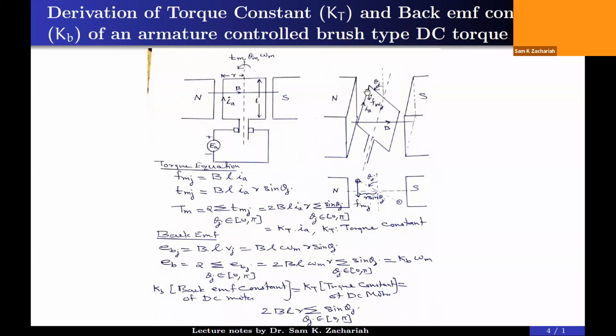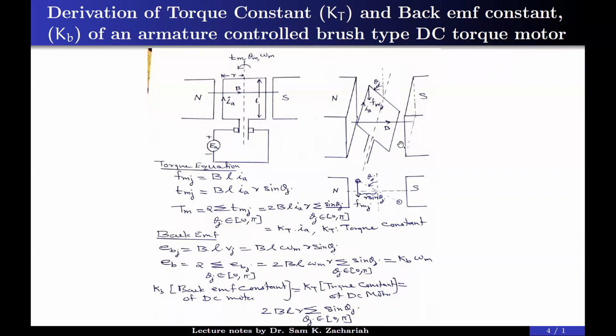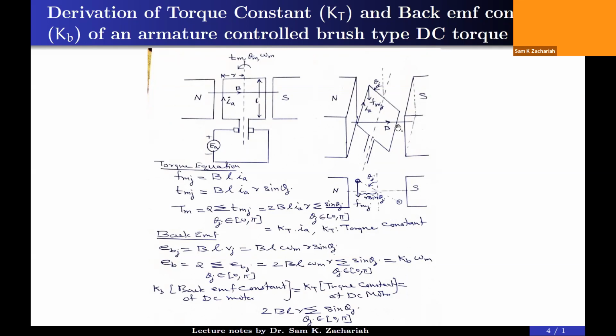Here the current goes front to back, here back to front. Because of that, the force direction will be opposite. But the forces are additive from the torque point of view.